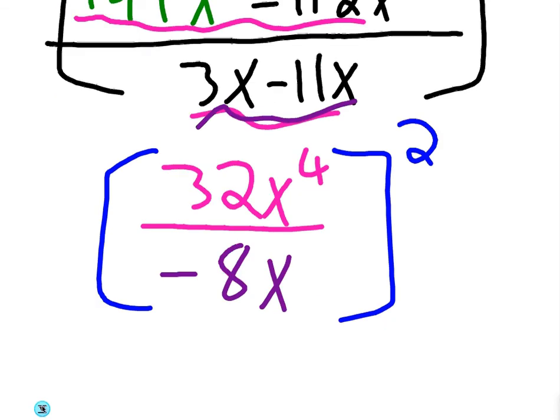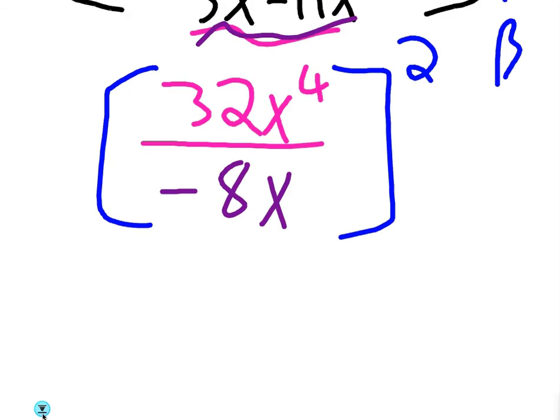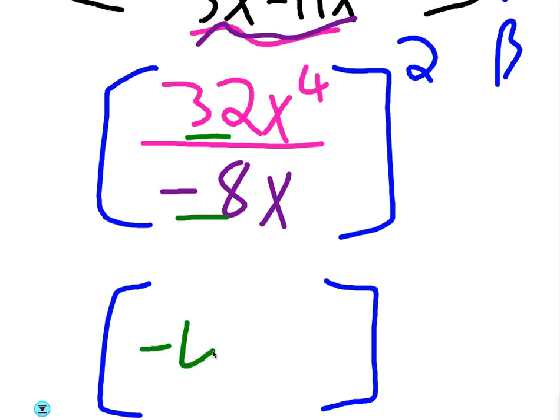Now we're still within the brackets, okay, or the parentheses. I'll put a bracket here. It's the same thing as parentheses. What can you do now within the brackets? You can divide. So 32 over negative 8. Negative 4, good. And what's x to the 4th over x to the 1st? X cubed, okay?